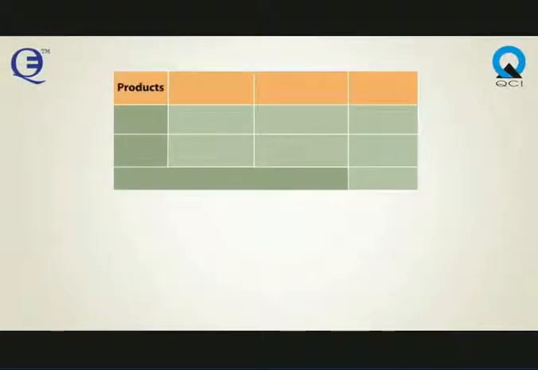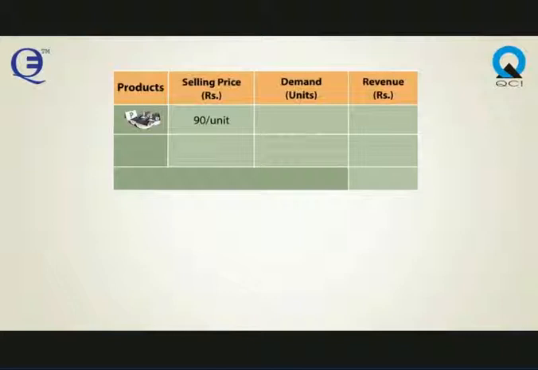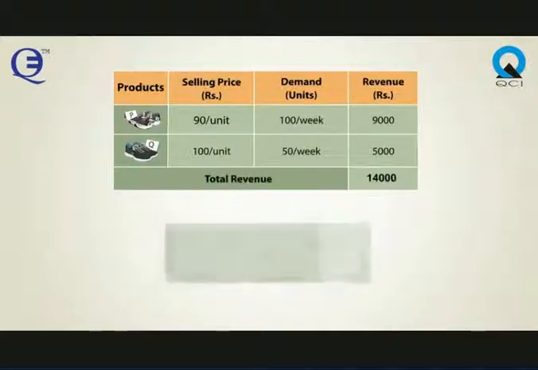So his calculation looks like this: 14,000 revenue, which is nothing but selling price of P, 90 rupees, into 100, that is 9,000. He's selling Q at 100 rupees and is selling 50 of that, that is 5,000. 9,000 plus 5,000 is 14,000.